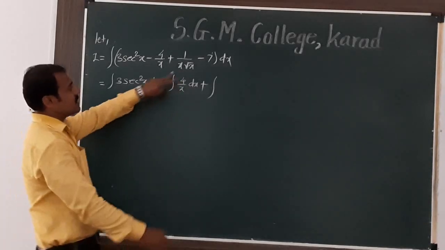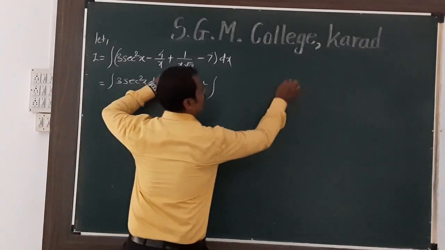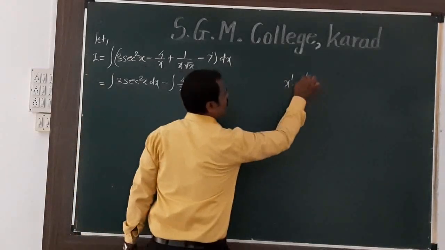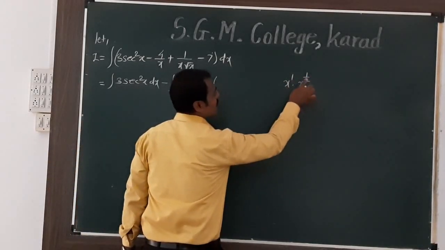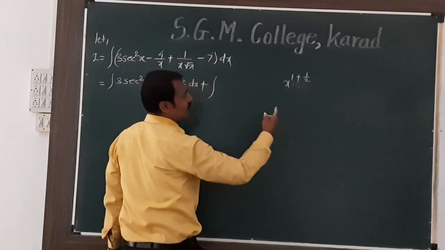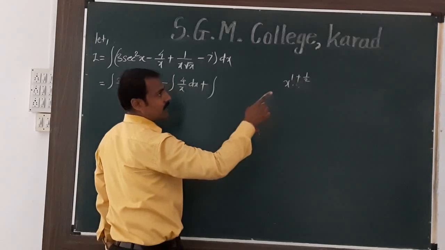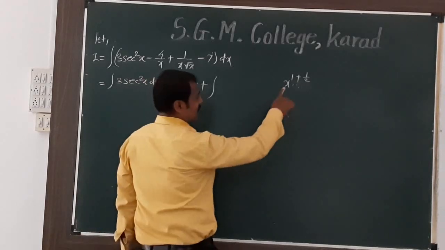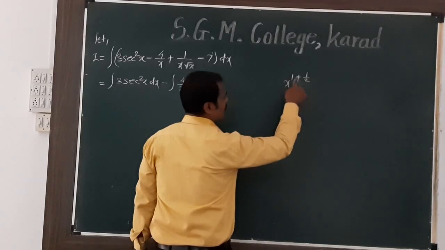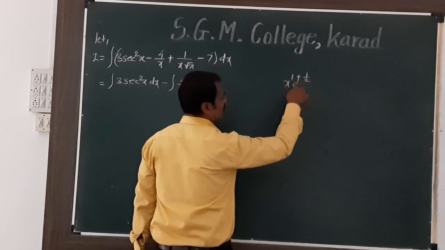The power of x is 1, and the power of the other x is half. So x raised to 1 into x raised to half becomes x raised to 1 plus half, since a raised to m into a raised to n is a raised to m plus n. So 1 plus half is 2 plus 1, that is 3 by 2.